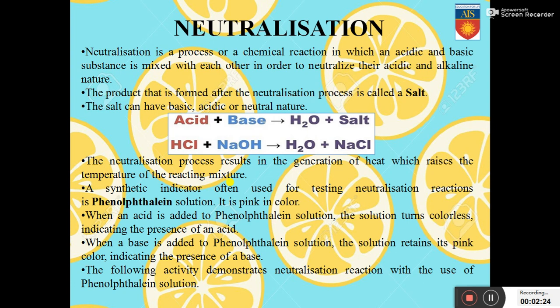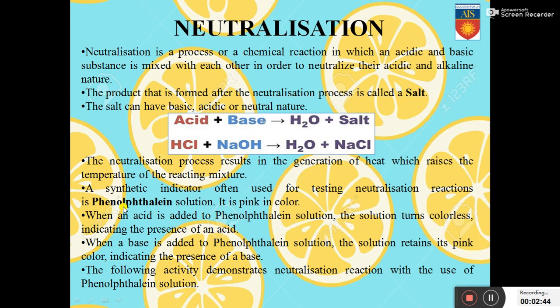A synthetic indicator often used for testing neutralization reactions is phenolphthalein solution. It is pink in color. It's an indicator that can be used for testing neutralization reactions as well. When an acid is added to phenolphthalein solution, the solution turns colorless, indicating the presence of an acid.